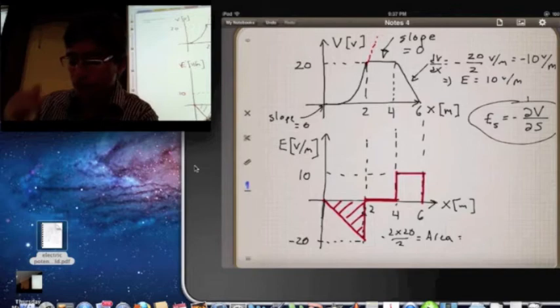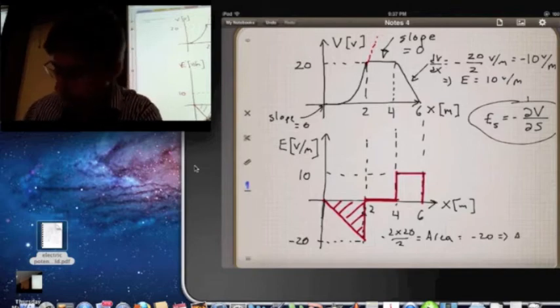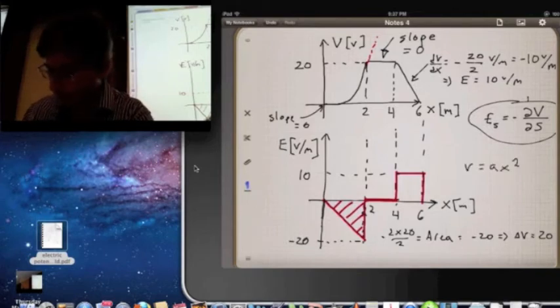Another possibility would be that your potential is a quadratic function. V is equal to a times x squared, starts at 0, right? So when V is 20 and x is 2, your a is going to be 20 divided by 4, it's equal to 5, right?